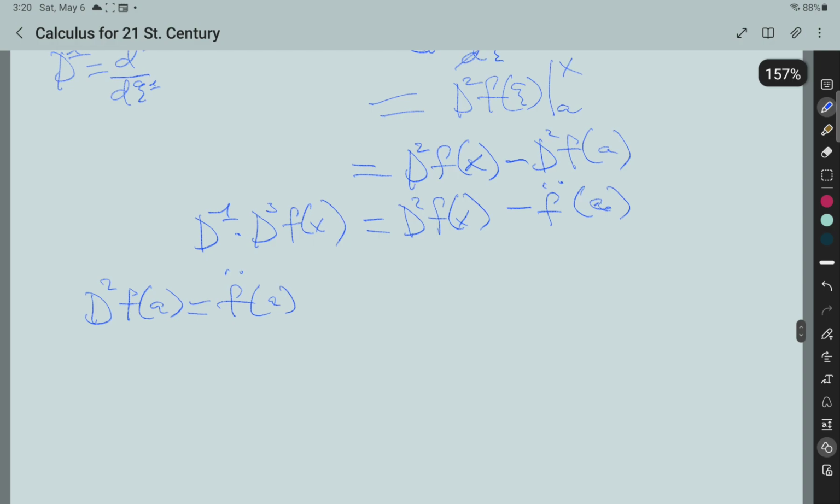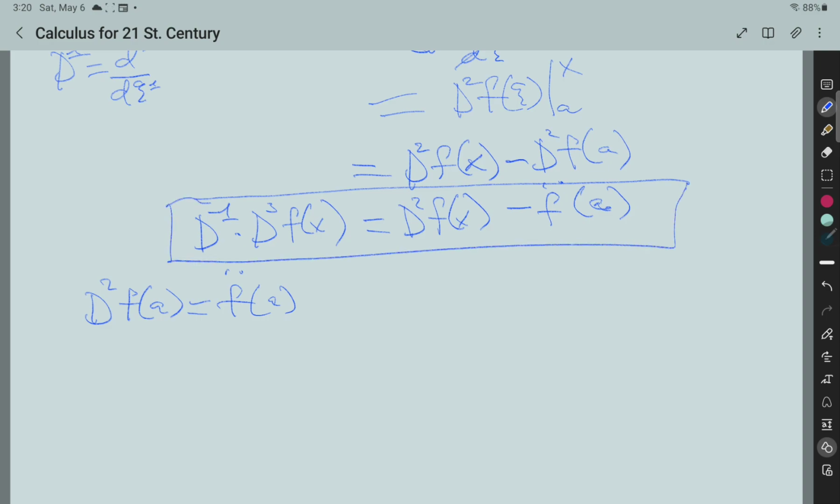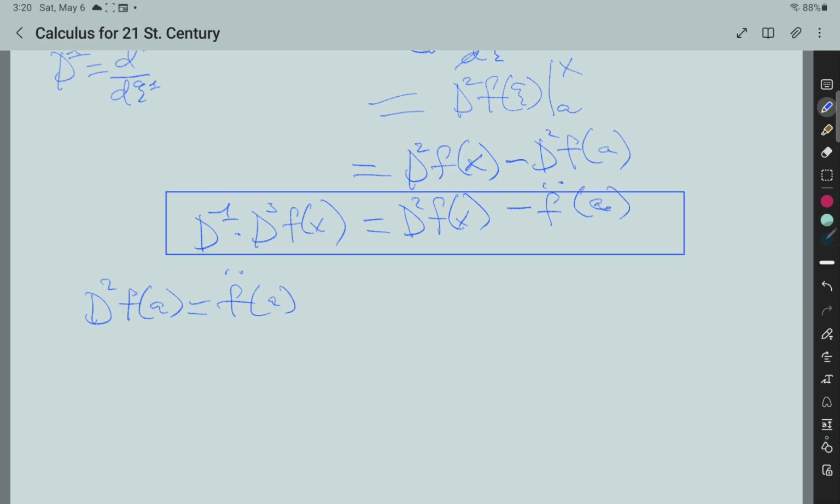So this is going to be 11. Okay, so this is 12. So you see the extra term is this f double dot of a here. Transient term.